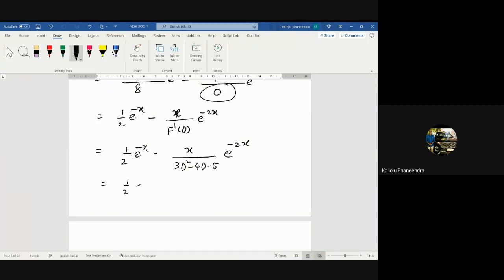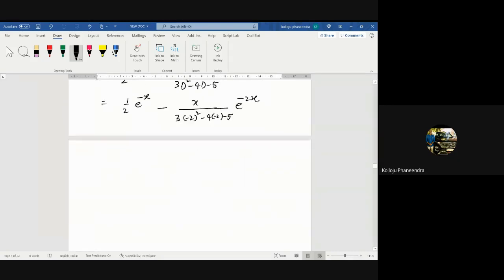Again replace D by minus 2 in e power minus 2x. Then 1 by 2 e power minus x, minus x by, this is 12 plus 8 minus 5, e power minus 2x. So the particular integral is 1 by 2 e power minus x minus x by 15 e power minus 2x.